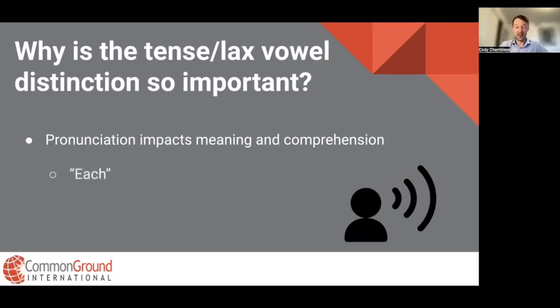For example, the word each in English, like cada or cada una in Spanish. Let's look at each versus itch. So itch, something like picar, right? For example, maybe I want to say, my hand itches.